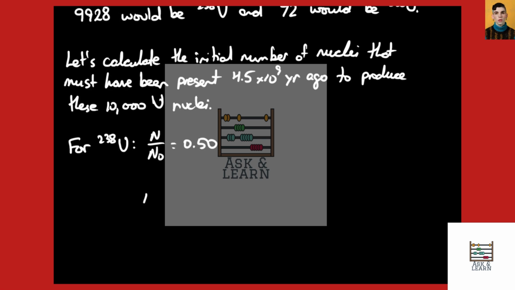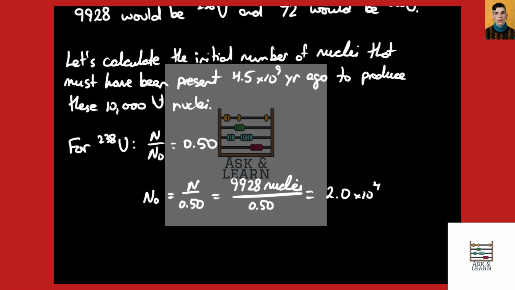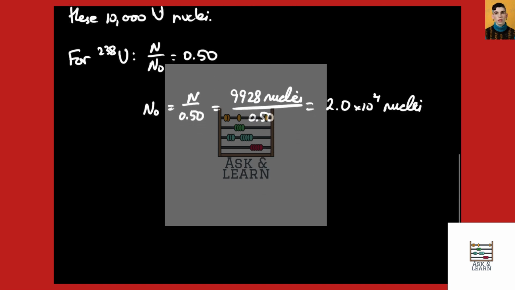N naught is equal to N over 0.50, which is equal to 9,928 nuclei over 0.50, which works out to 2.0 times 10 to the 4th nuclei, and that would be for uranium-238.